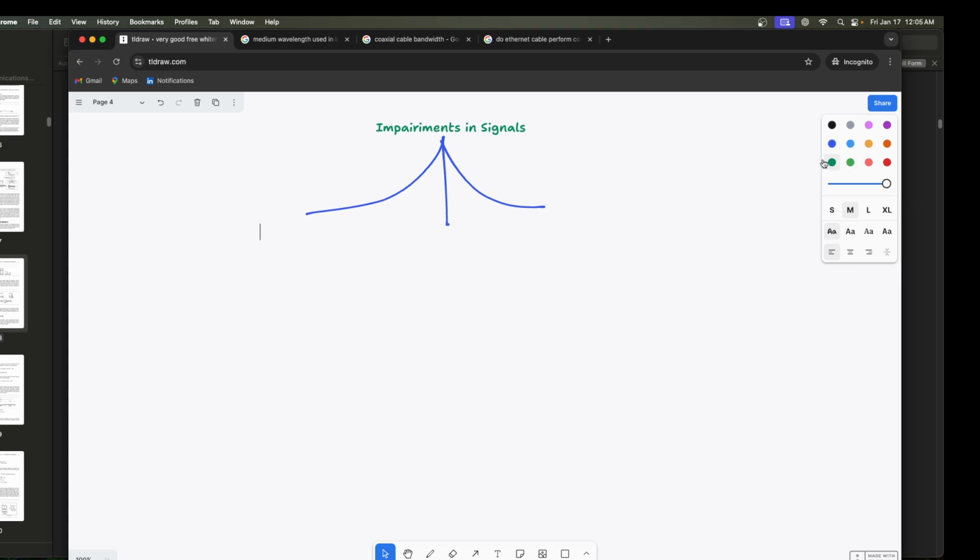First is attenuation. This is reduction in signal strength.